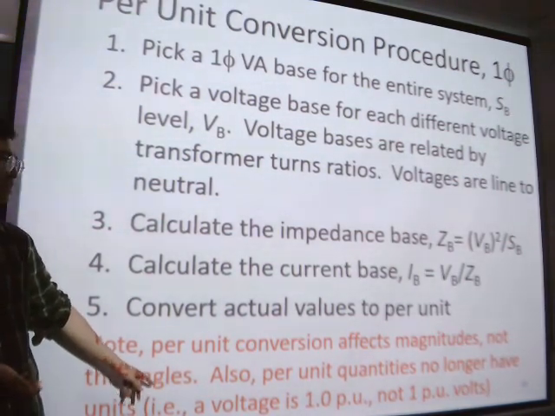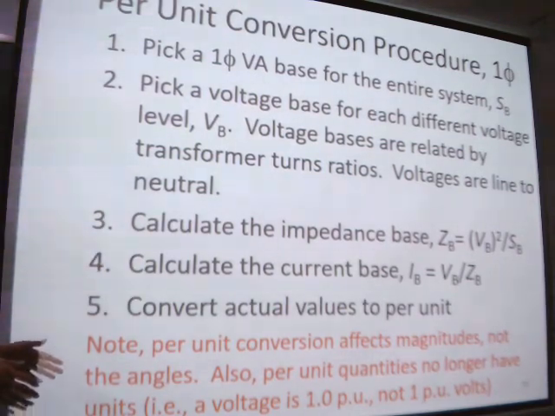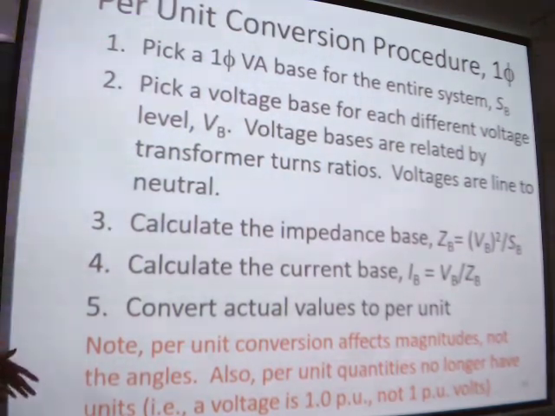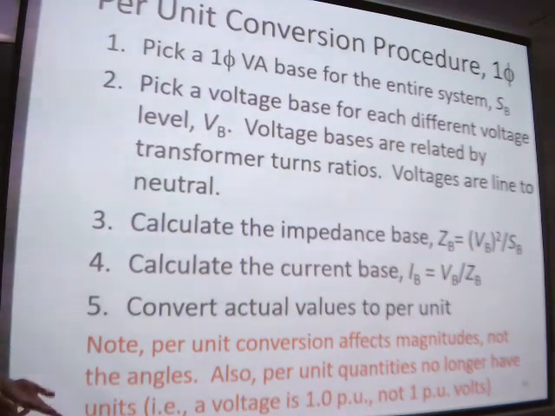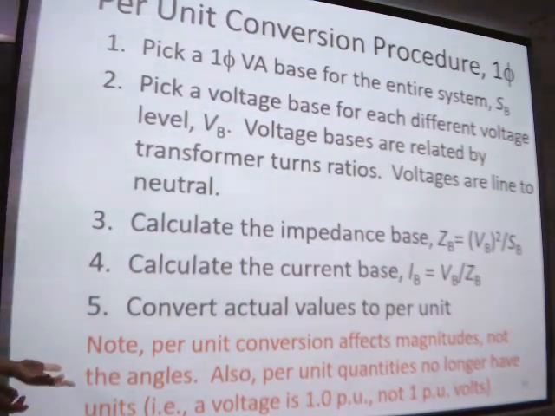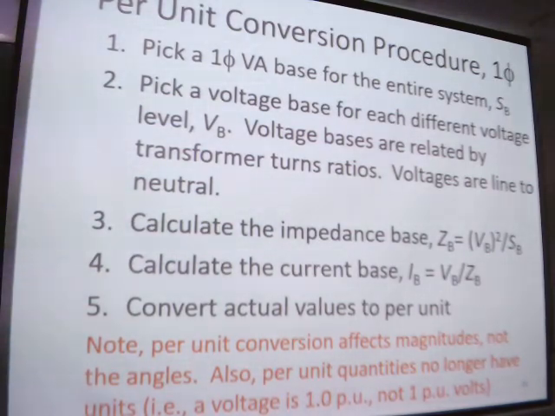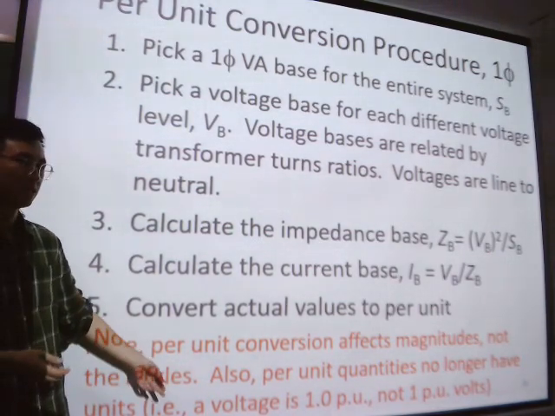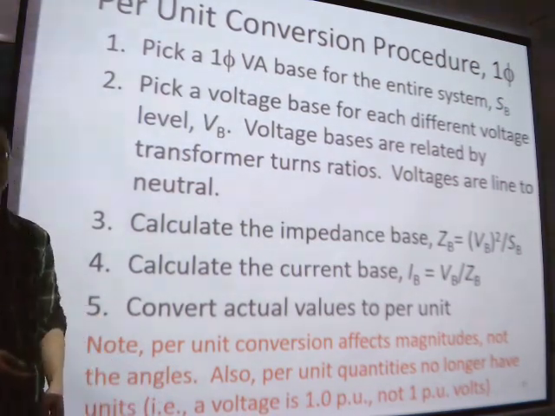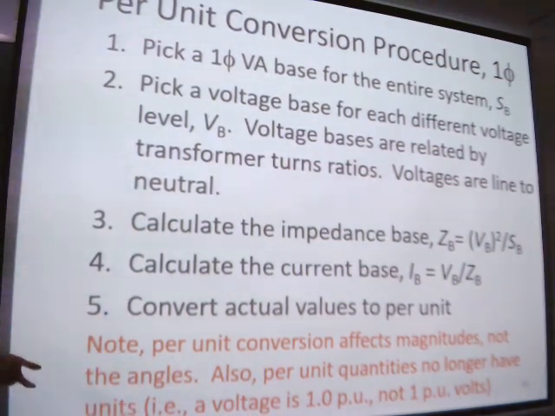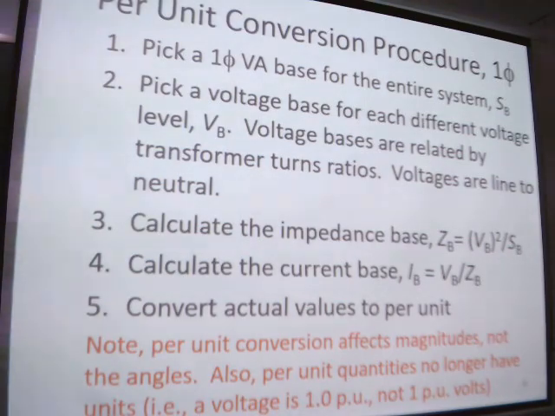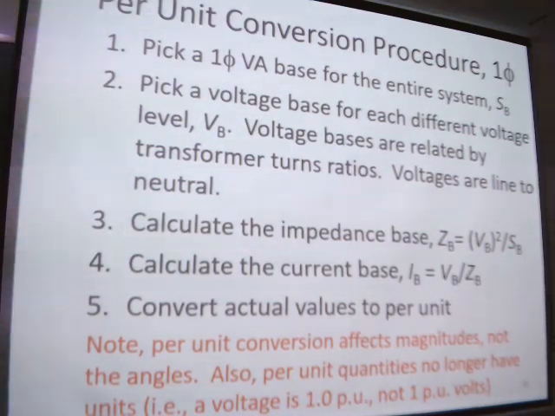When you push your actual values to the per unit and then transfer the per unit quantities back to the actual values, it will be the same angle, okay? The angles are calculated separately, nothing to do with the per unit.